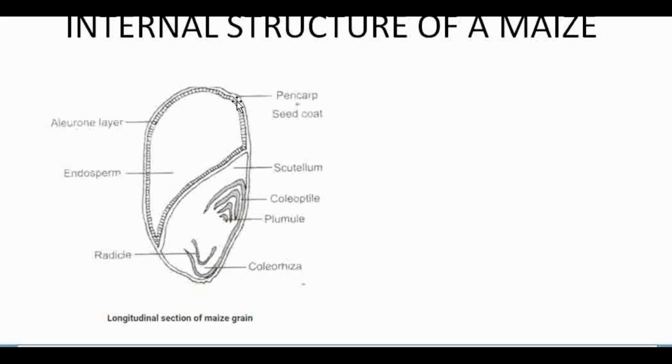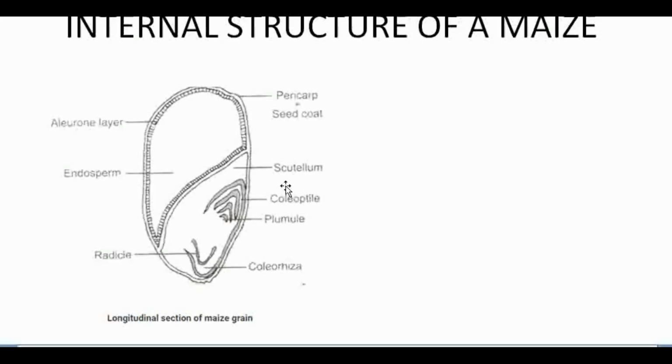And this layer here is called the aleurone layer, which is rich in protein. And this blank space here is called the endosperm, which we have discussed in our first video in more detail.